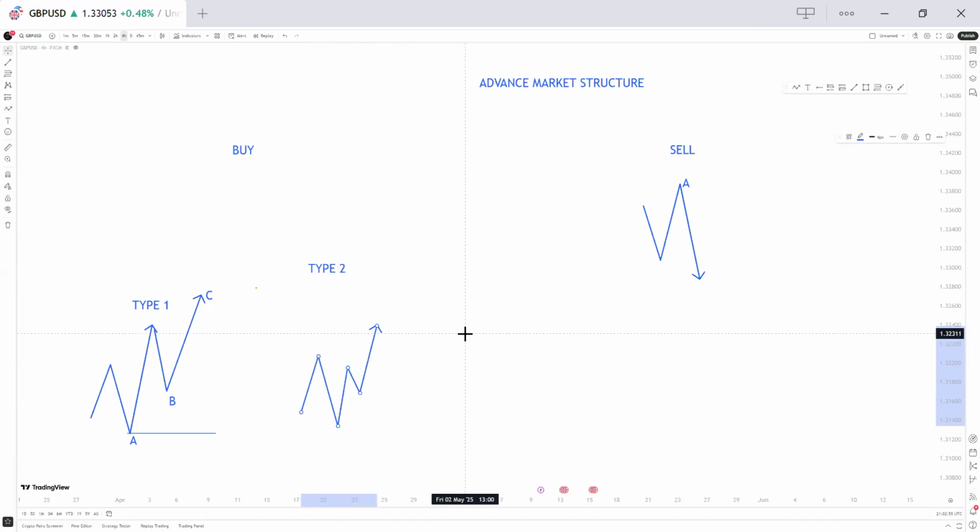Now, one thing that you need to know about type 2 is that before price breaks the structure to the upside, it has already given you a pullback. Then going above to break the structure, it's like giving you a double break.